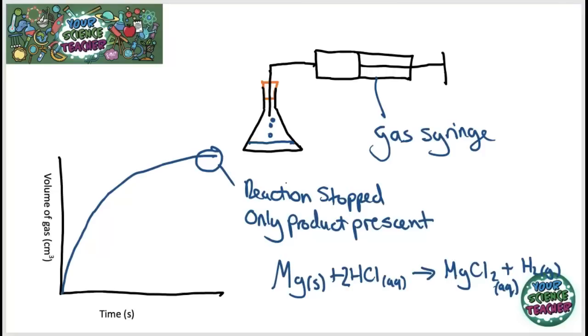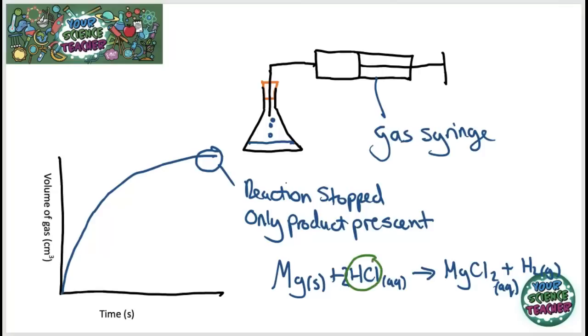Here I've just drawn an example of a reaction in which I would produce a gas. So here I've got magnesium, I'm reacting it with hydrochloric acid, and I'm making magnesium chloride and hydrogen. Because they said that we can change the concentration, we're going to have a look at the effect of changing the concentration of our hydrochloric acid on the rate of the reaction.